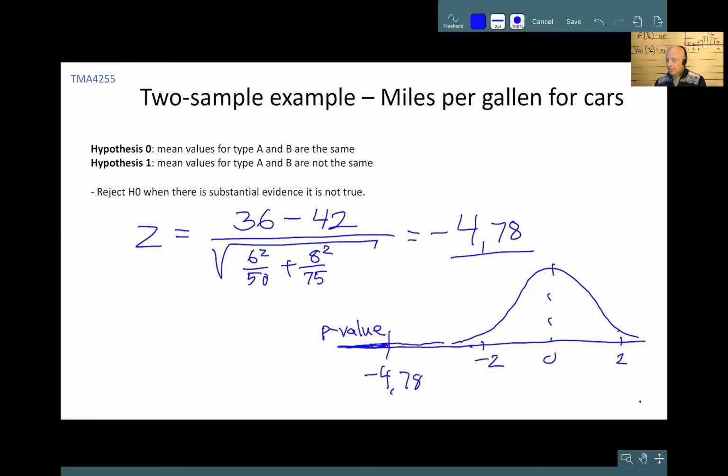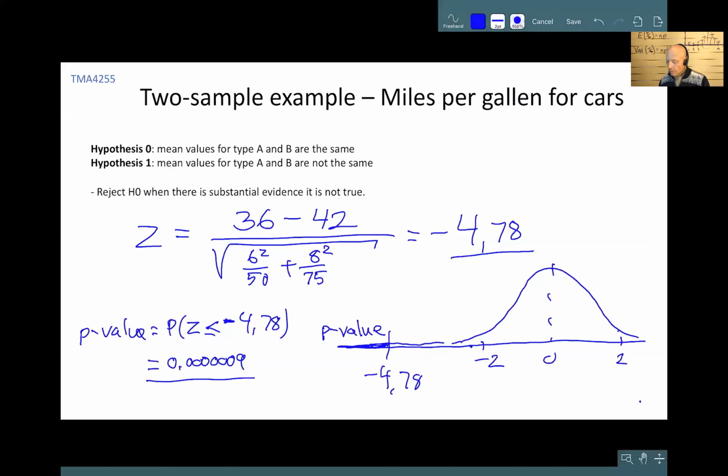And we would then reject, in this case, if this p-value is very small. So for our case here, the p-value is the probability of observing z smaller than or equal to minus 4.78. And this is extremely small, 0.0000009.